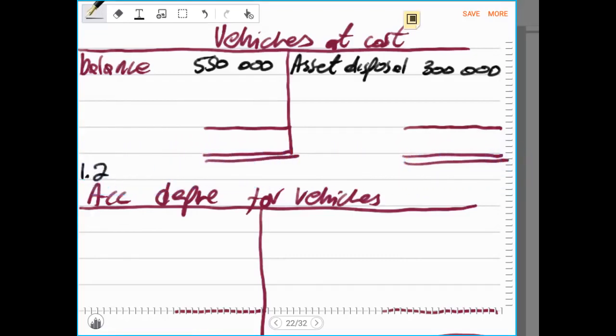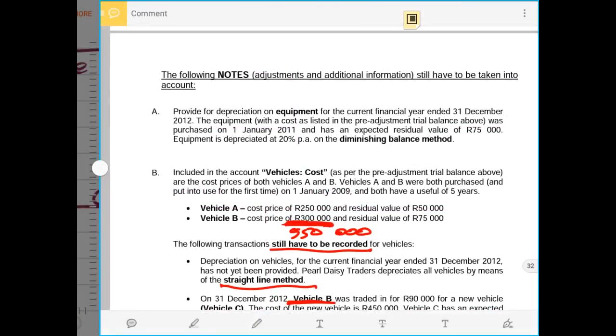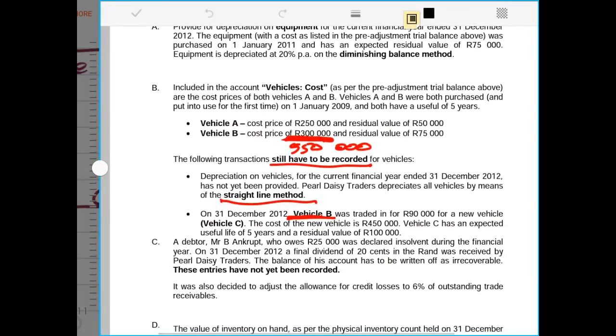Then after we check again, remember this asset was traded in for an amount of 90,000 rands. The amount in which the asset is traded in, or the amount in which the asset has been sold, will go to the asset disposal. This is not the cost, but is the asset disposal amount.